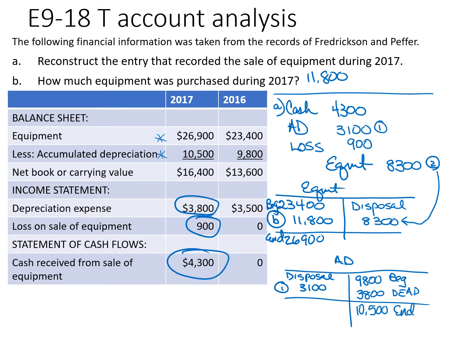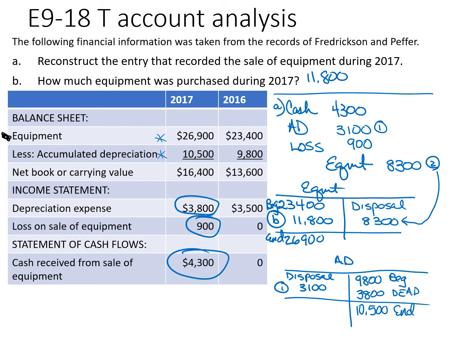Well, let's take a look at CSI accounting and figure out how to reconstruct the entry that recorded the sale. So this is the T account analysis that you appreciate doing all the time. Now, we know that we can reconstruct the equipment entry, and we can do that because for 2016 we're given the ending balance, and for 2017 we're given its ending balance.